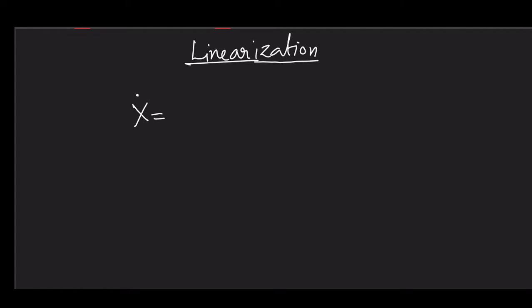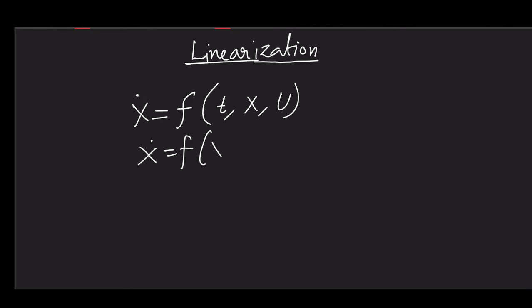The system is described by x dot. For ease of representation, whenever I write x dot, you should understand that it is actually x dot of t. We take a system x dot is equal to f of t, x, u, or you can write it like x dot is equal to f of x, u, t.